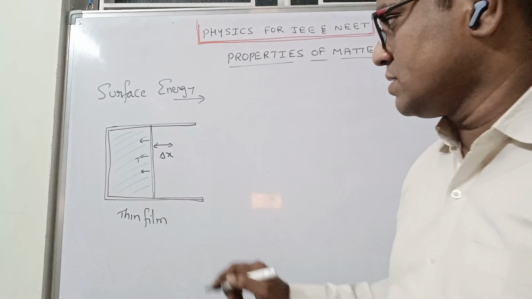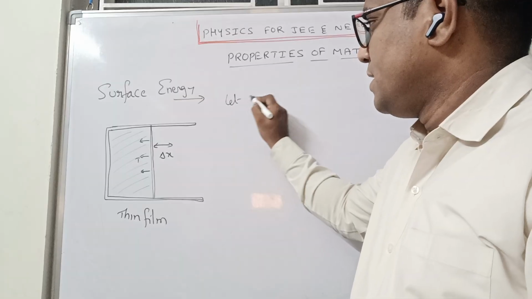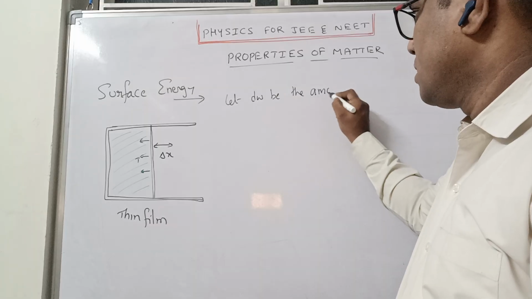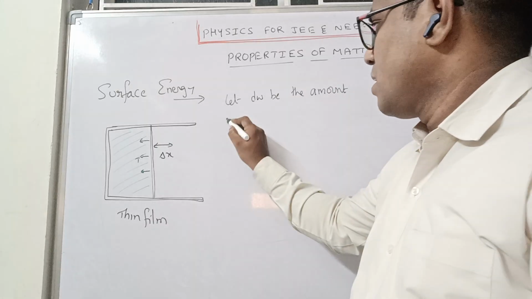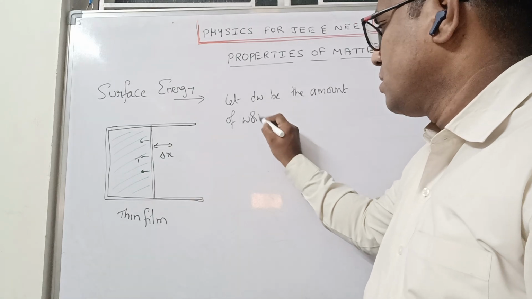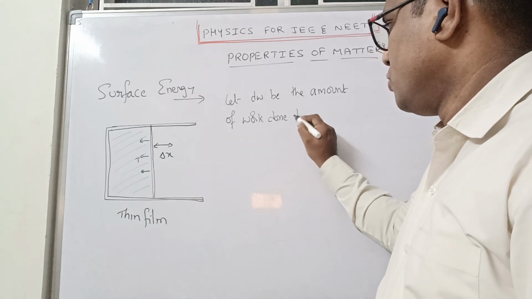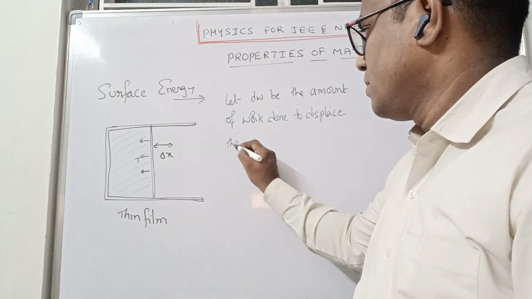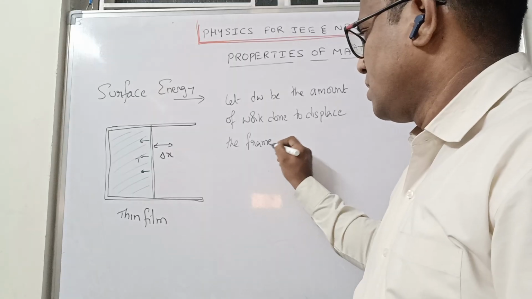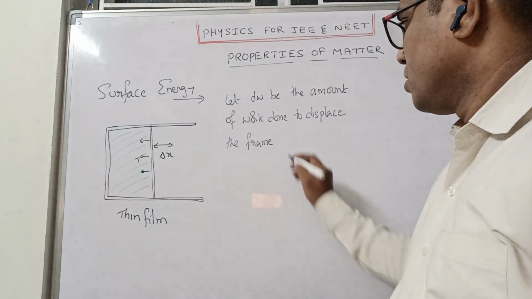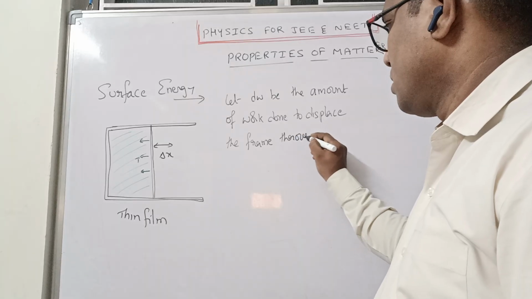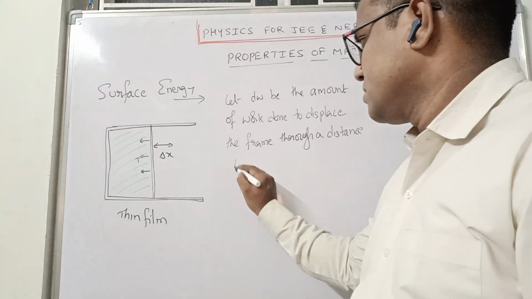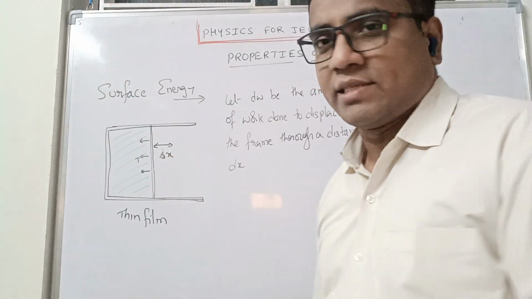Let dW be the amount of work done to displace the frame through a distance dx, right?